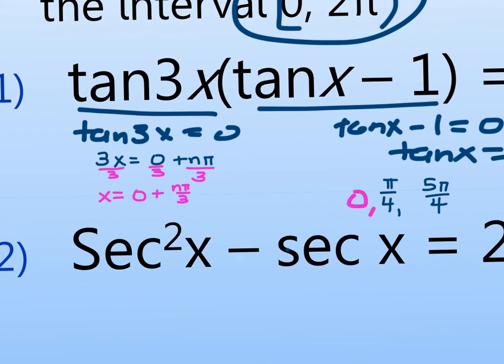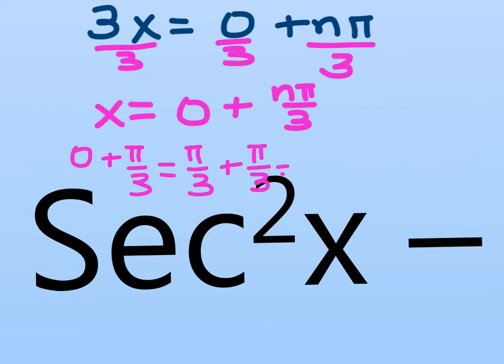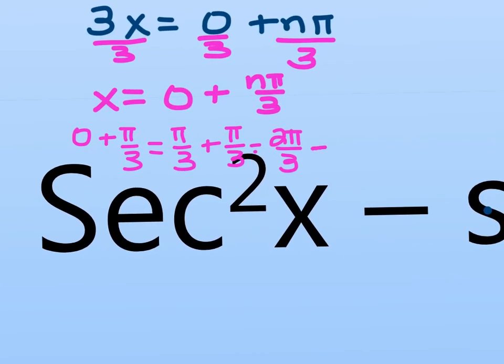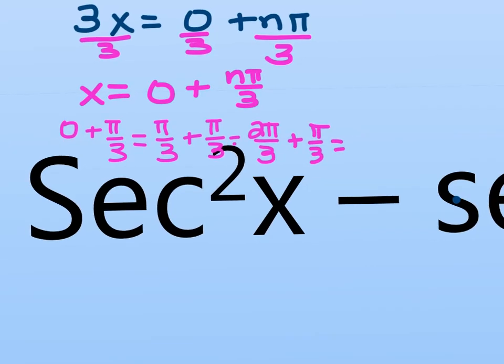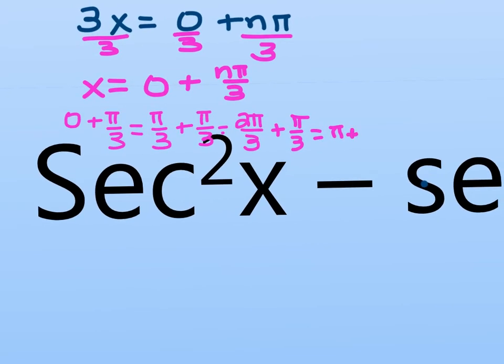But then I have to see, would there be more if I change n to 1 and then keep adding it? From 0 plus pi over 3, I'd get pi over 3, which is smaller than 2 pi, so I'm going to keep that as an answer. Add pi over 3 again: 2 pi over 3, that's smaller than 2 pi, so that's an answer. Plus pi over 3 is 3 pi over 3, or pi, smaller. Plus pi over 3, 4 pi over 3, that's an answer.